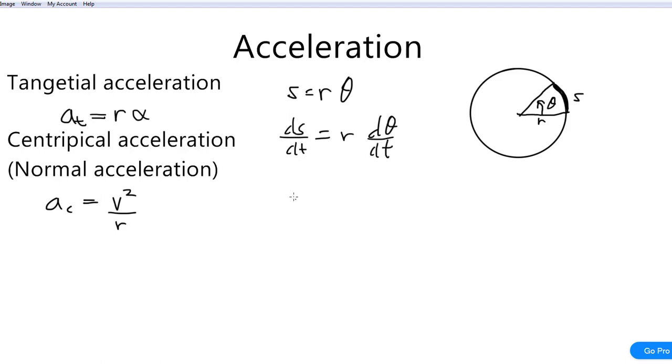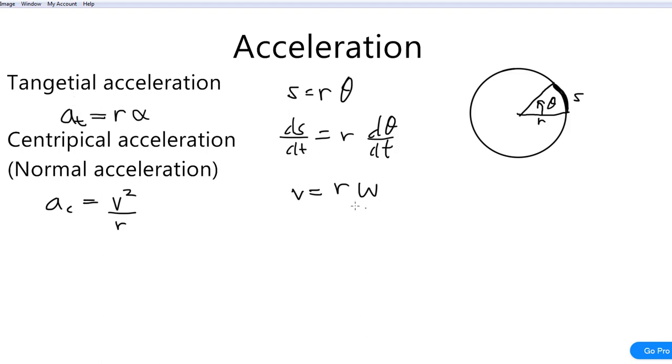In other words, your velocity equals your radius times your angular velocity, omega. You're going to use this a lot too. With velocity, you don't have a tangential and normal velocity, you just have a tangential velocity. Velocity is always in the tangential direction, so you can't break it up into tangential and centripetal components.